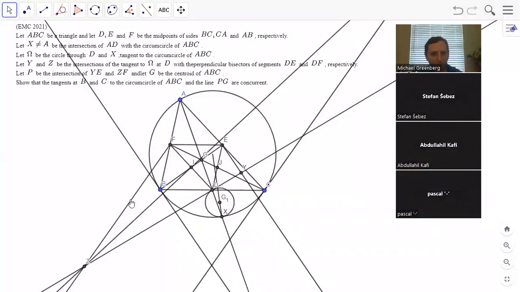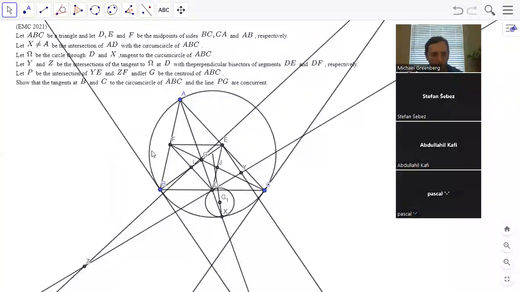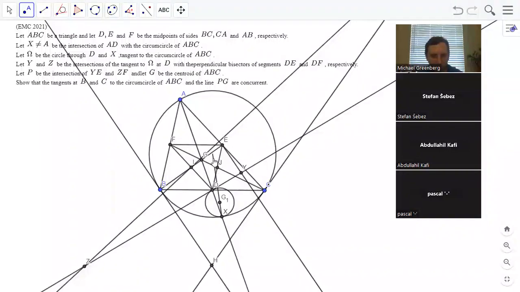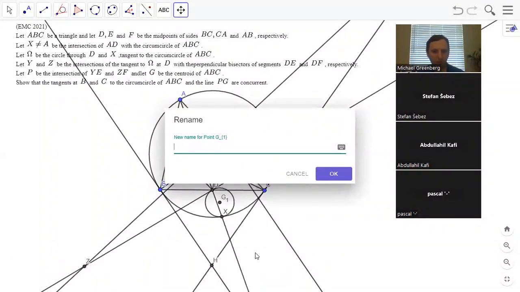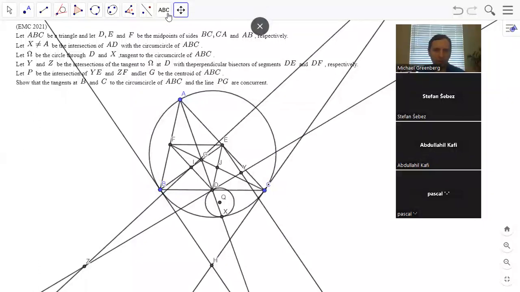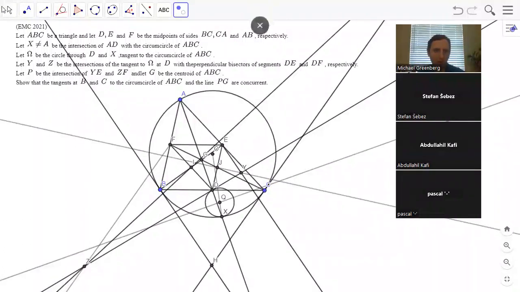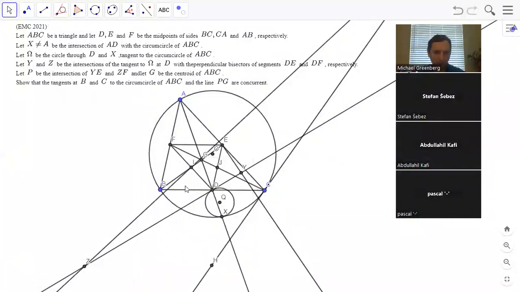So what are these lines? Now I'm just confused. I'm just gonna hide a bunch of stuff. Don't need this. But I do want to call this something better. Call it Q. And this is O. Okay, I'm hiding like everything here.